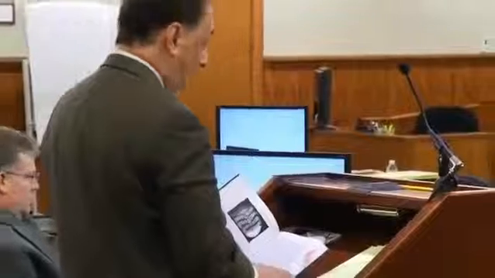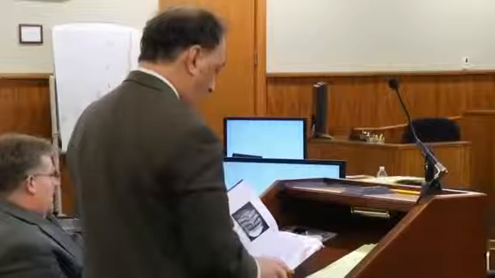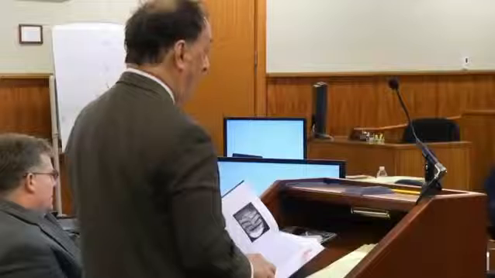This is from page 97 of Mr. Bodziak's book, Footwear Impression Evidence, 2nd edition. Quote, "The question is often asked as to whether it is necessary to cast every footwear impression located at the crime scene. The answer is yes, and there are many good arguments which support casting every impression."